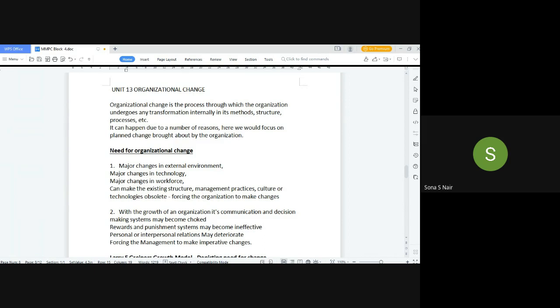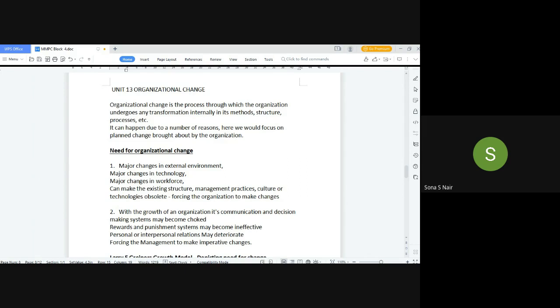This is talking of a phenomenon which is not a basic management function, but yes, it's an important management function because when we look at the environment, businesses today are existing in an environment which is changing very fast. Organizations and businesses need to be equipped to handle change.